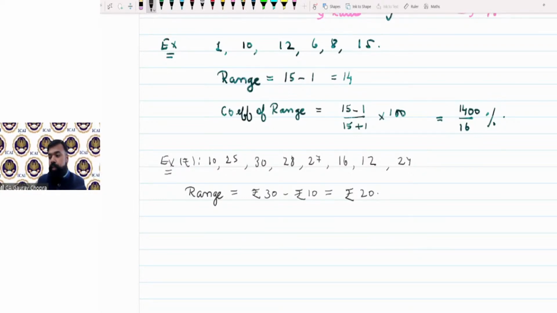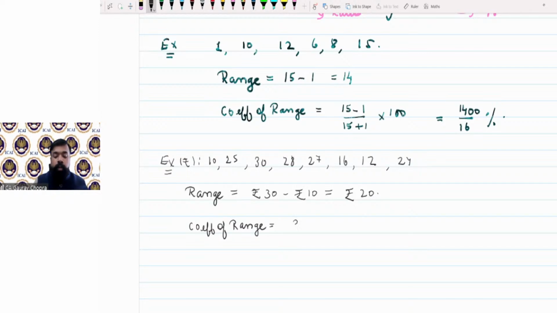Perfect, everyone. And let's calculate coefficient of range. For coefficient of range, you have to do the calculation and let me know the answer.